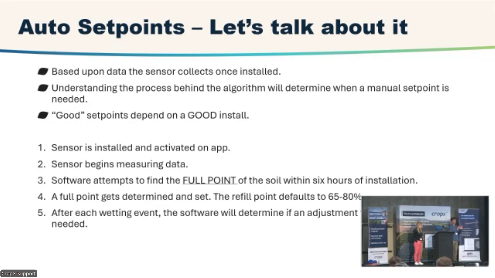So we've narrowed that down. What that does mean, though, is that if for some reason you do happen to use a lot of water during the install, you might see some of that still tapering off within that 6 hour window. And that might be something to check on once the auto set points have set their lines already.